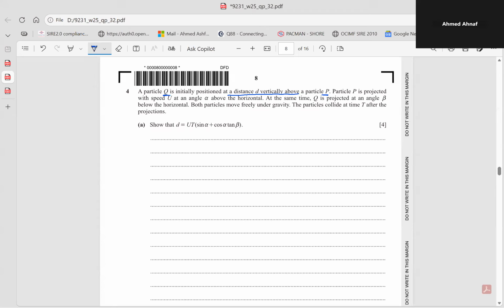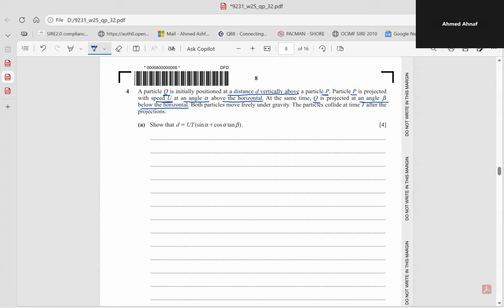We're told a particle P is projected with speed u at an angle alpha above the horizontal. At the same time, Q is projected at an angle beta below the horizontal.